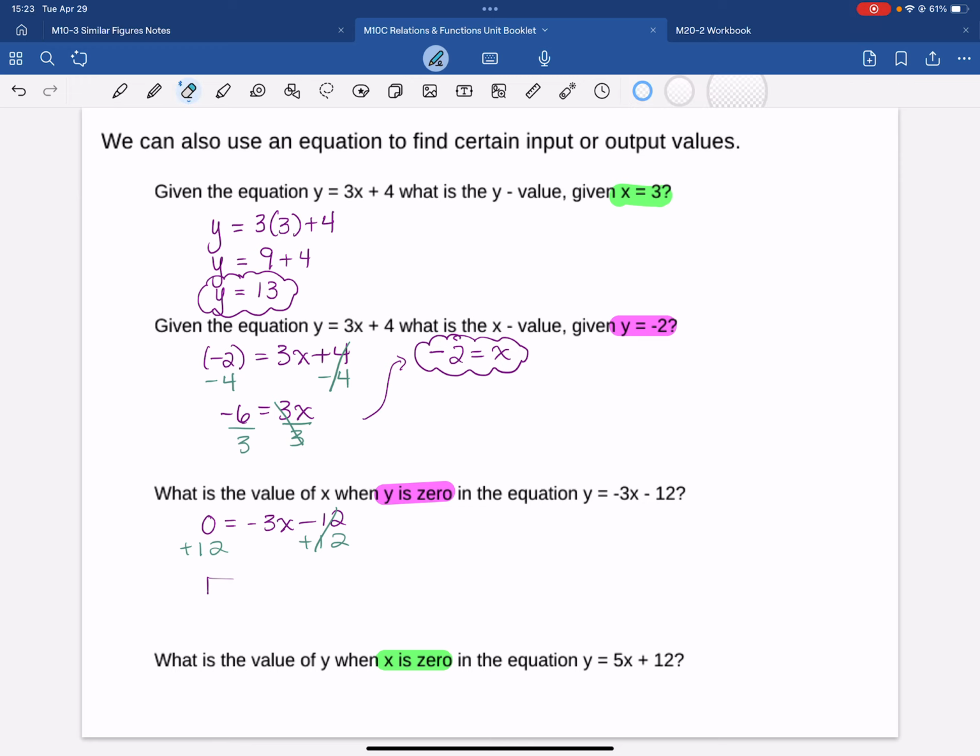So we get 12 equals -3x. Divide by that -3 to get x by itself. And we get x equals -4. Okay, you would do the exact same thing with x, and it would be more like the first question we had there.